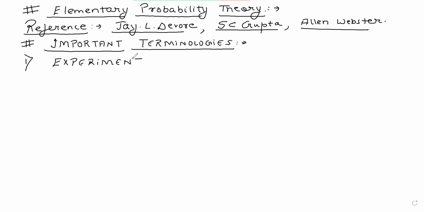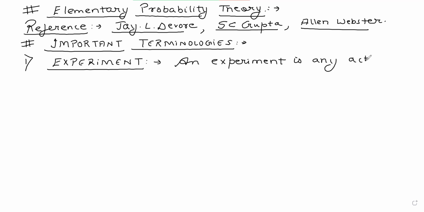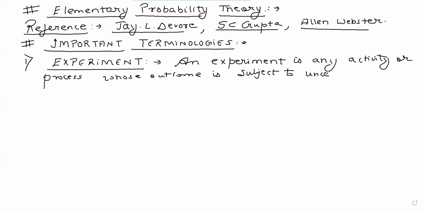So we can write, an experiment is any activity or process whose outcome is subject to uncertainty. Whose outcome is subject to uncertainty.